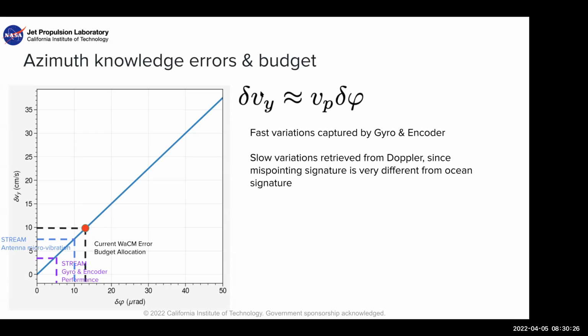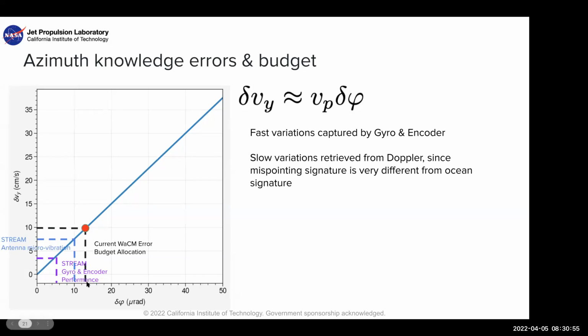And the accuracies that we want to get are in the centimeter per second region. So that means that this delta phi has to be on the order of microradians. Luckily, technology in terms of gyros is now at a stage where we can measure microradians. So on the right, we see what the translation between microradians and centimeters per second is going to be.